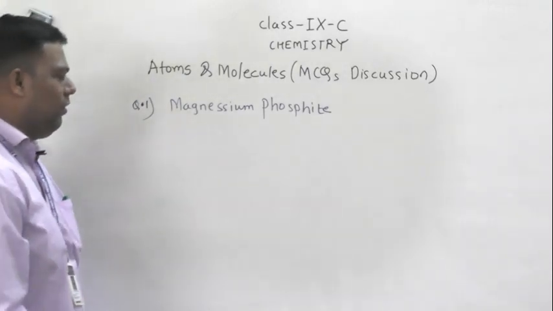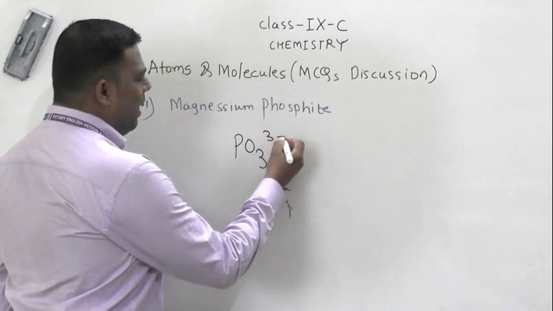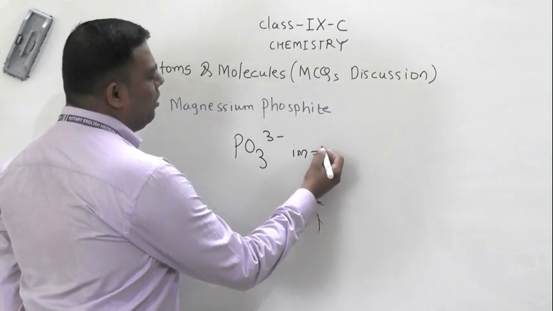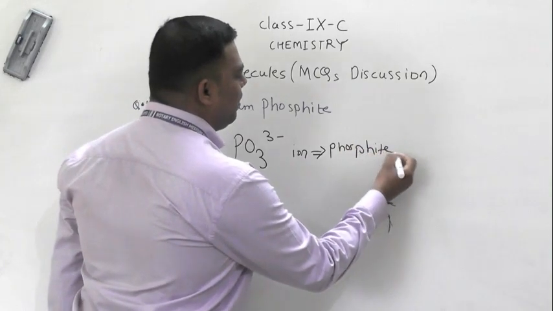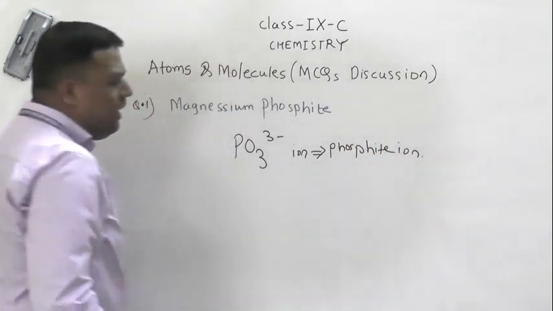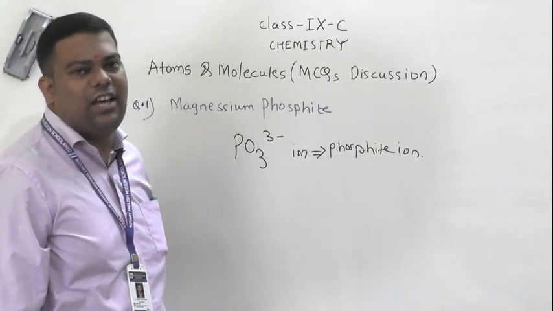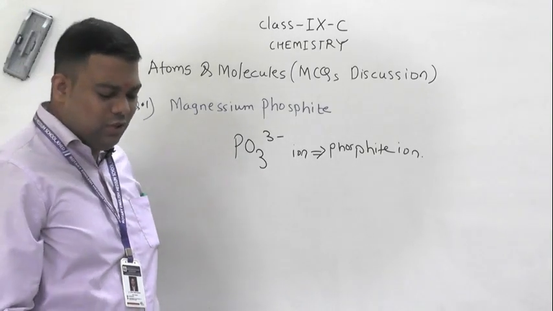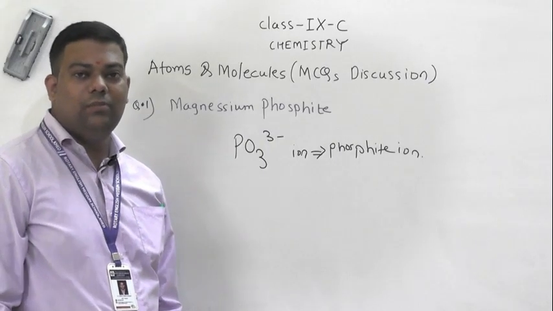Now see, phosphite means PO3 3 minus ion is your phosphite ion. And as you know, on magnesium, which charge is there? +2 charge. So see, what option becomes?